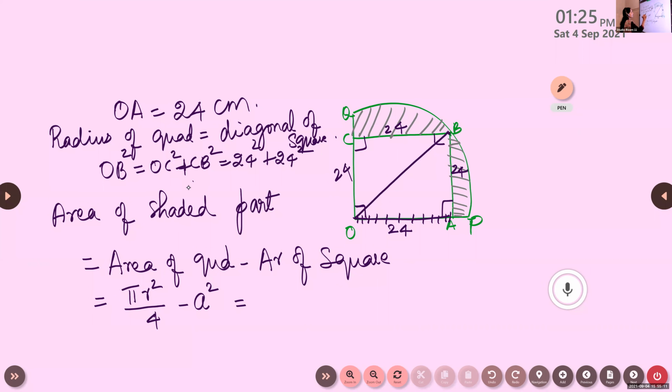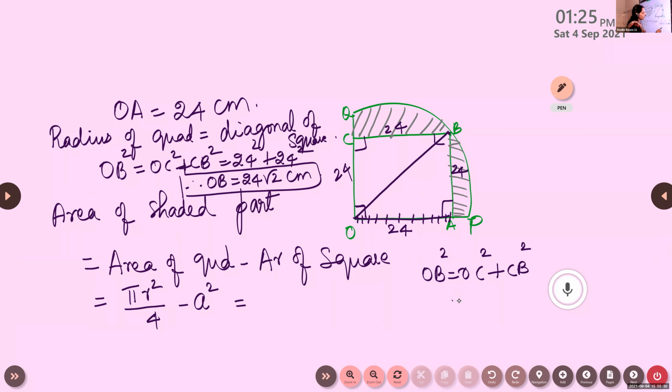Therefore, what will be OB? 24 root 2 centimeter. How? Listen. OB square is 24 square plus 24 square, so we can write this as 2 times 24 square.